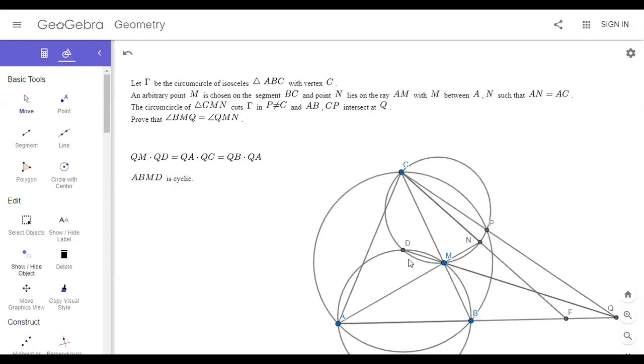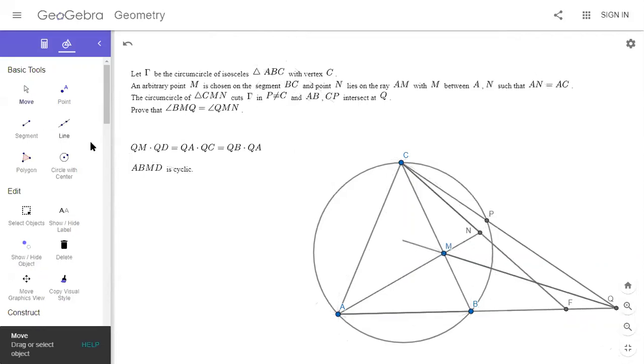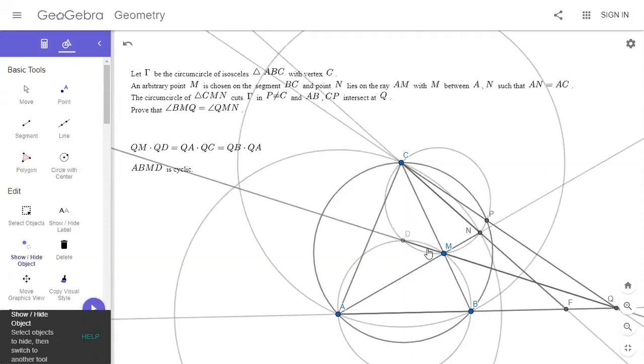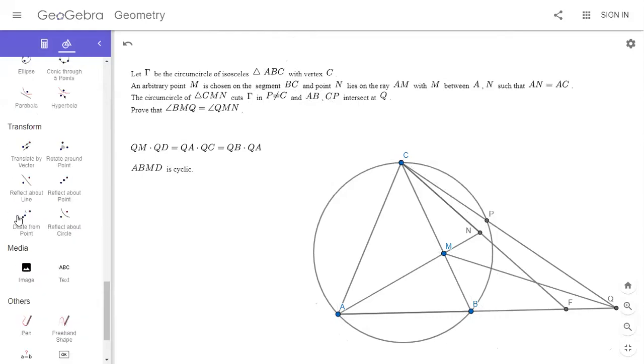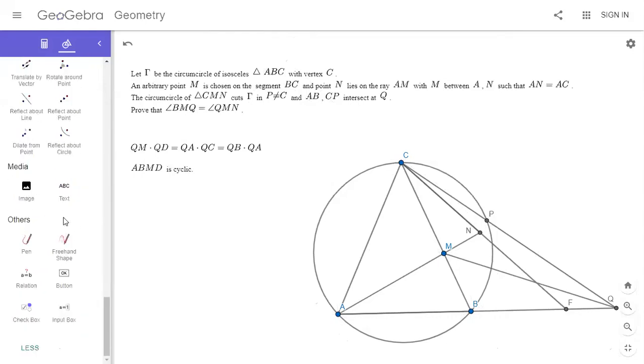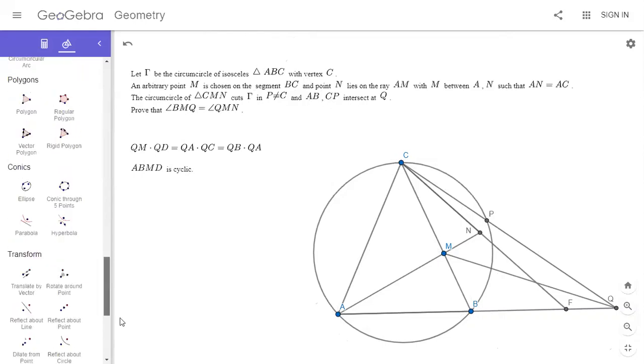All right, so I'm going to hide a bunch of stuff here. Point P, point M. All right, so I'm going to let D prime be the in-center. I know there's a shorter way than drawing all the angle bisectors.